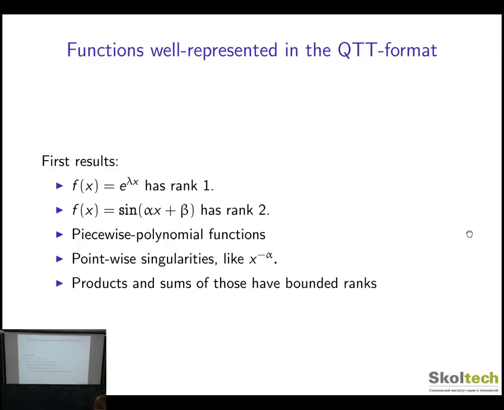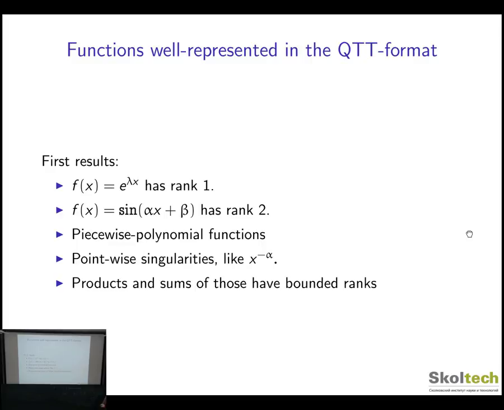Now let's go back to functions. We are going to represent solutions of elliptic equations, so we need to know what functions can be well represented in this format. This is the first function, and this too was in the paper by Boris Khoromskij. If you have an exponential function with arbitrary lambda and you use this representation, you immediately see that the exponent of a sum decomposes into the product of exponents.